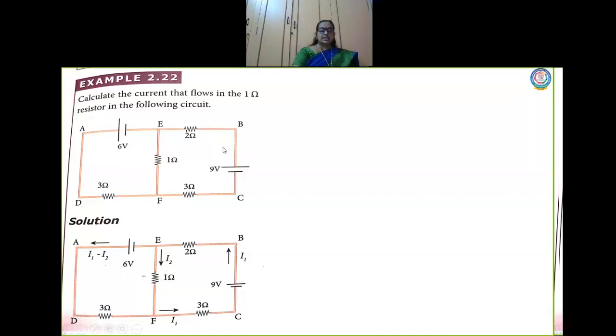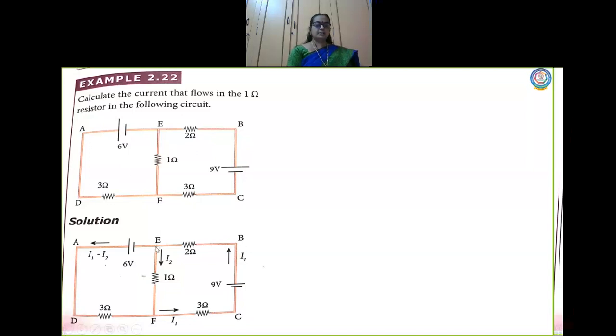Now you have to draw a second diagram, because here the current values are not given, so you need to assign the values of current. Now at this junction, start from here. This is plus 9 volt. The direction of current along this is taken as I1.